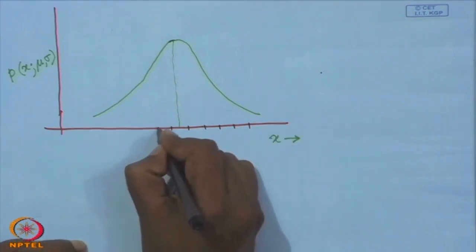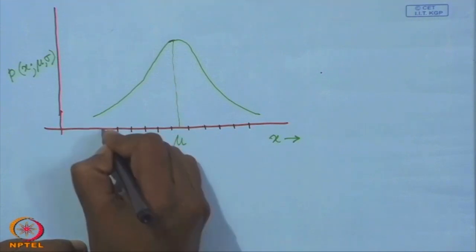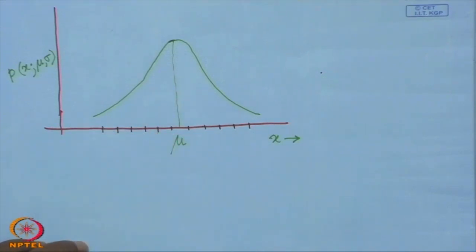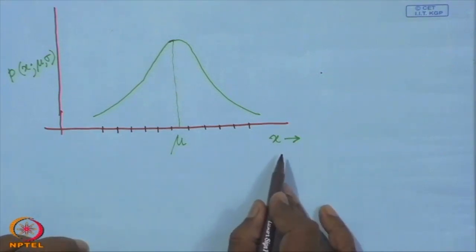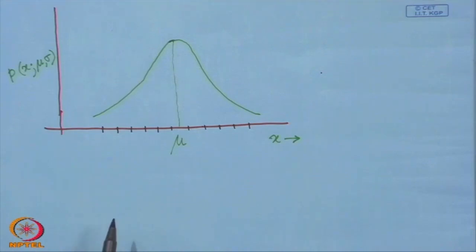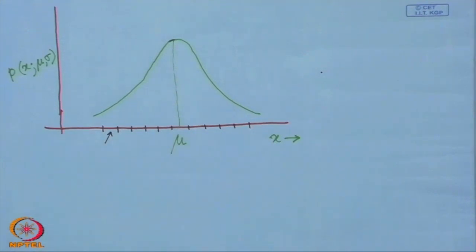These are the different intervals into which the x axis, the axis representing the variable, is divided. And I assume that in each of these intervals, the probability density is constant.